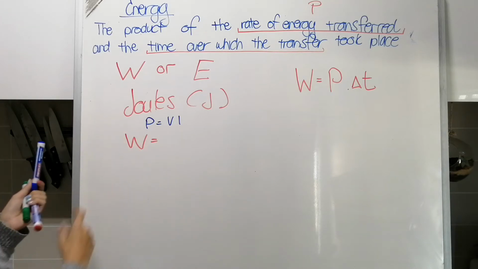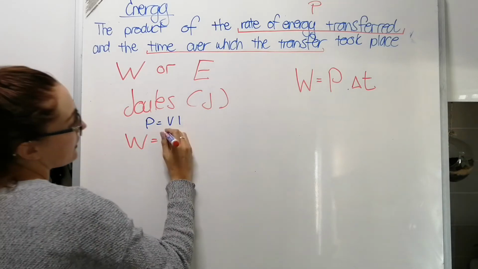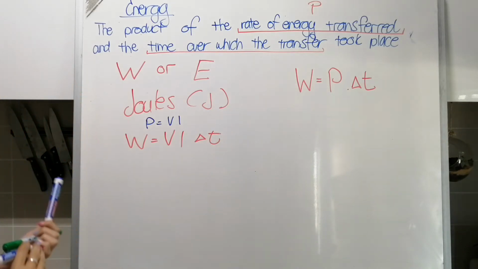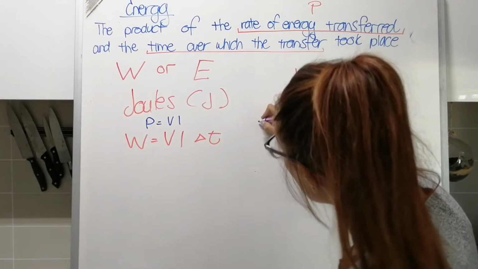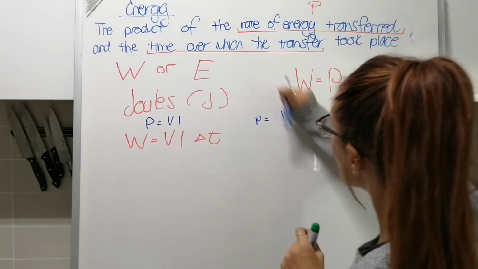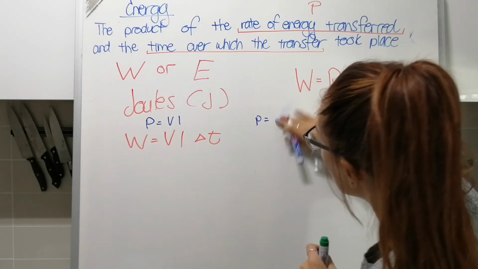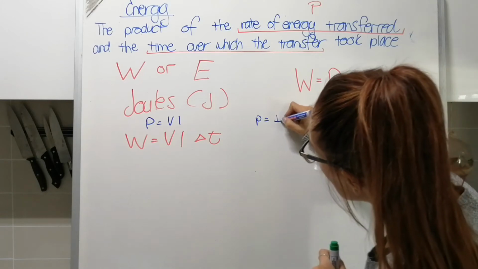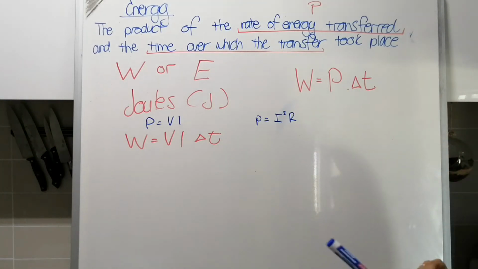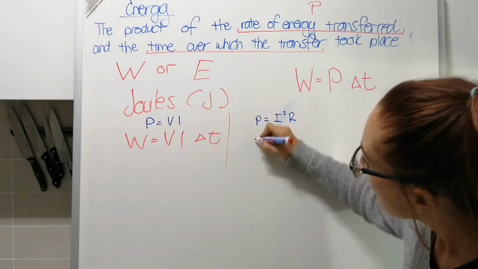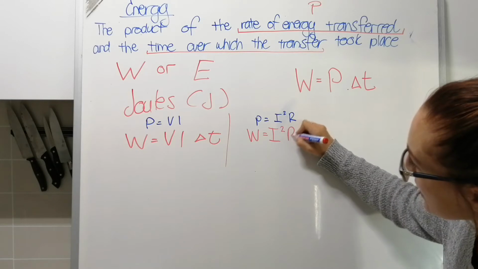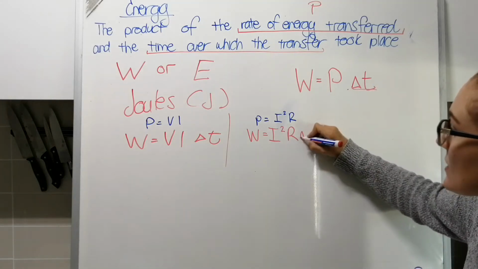So that means W is equal to V times I times delta T. The second power formula is that power is equal to I squared times R, which means when we translate this to the energy formula, we're going to have energy equals I squared times R times delta T.